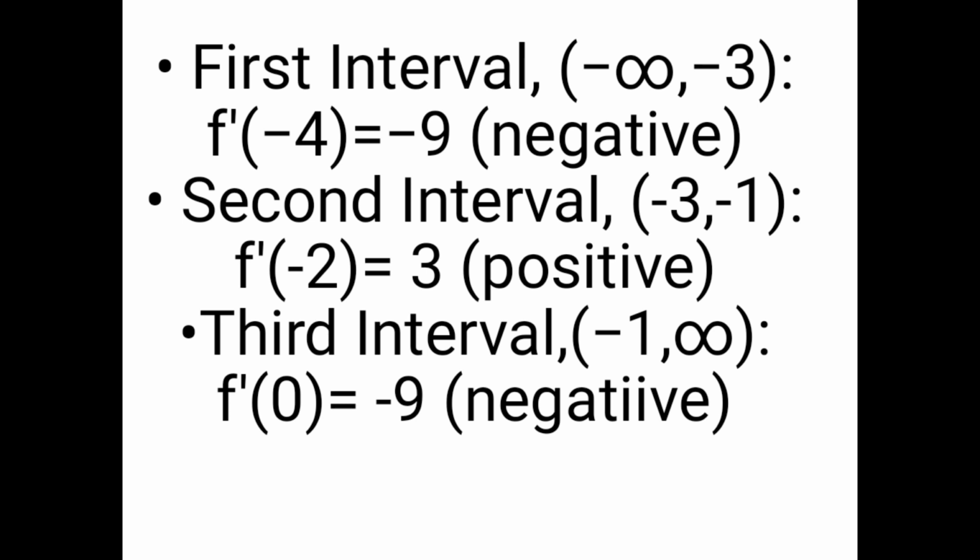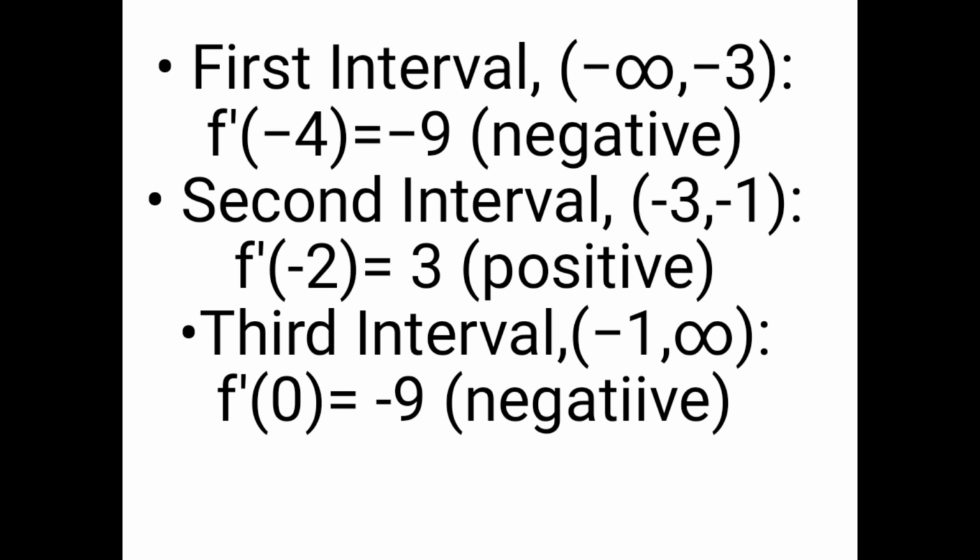In the first interval, we pick a value of x between minus infinity and minus 3 and evaluate it at f prime. Picking x equals minus 4, evaluating f prime at minus 4 gives minus 9, which is negative.